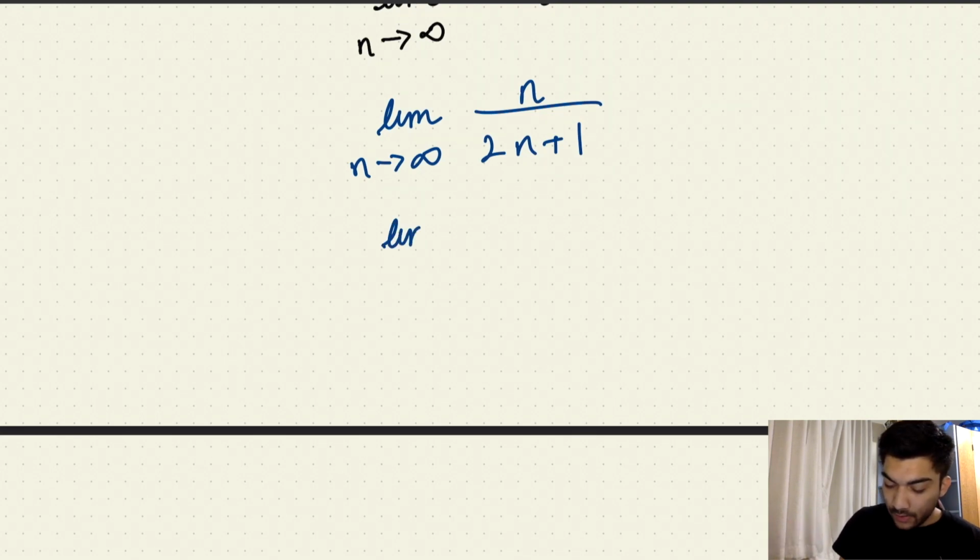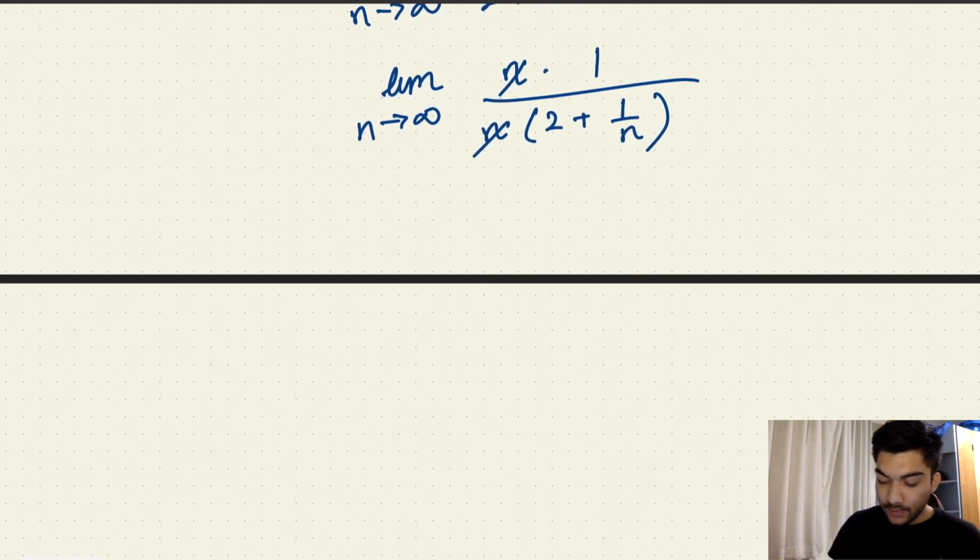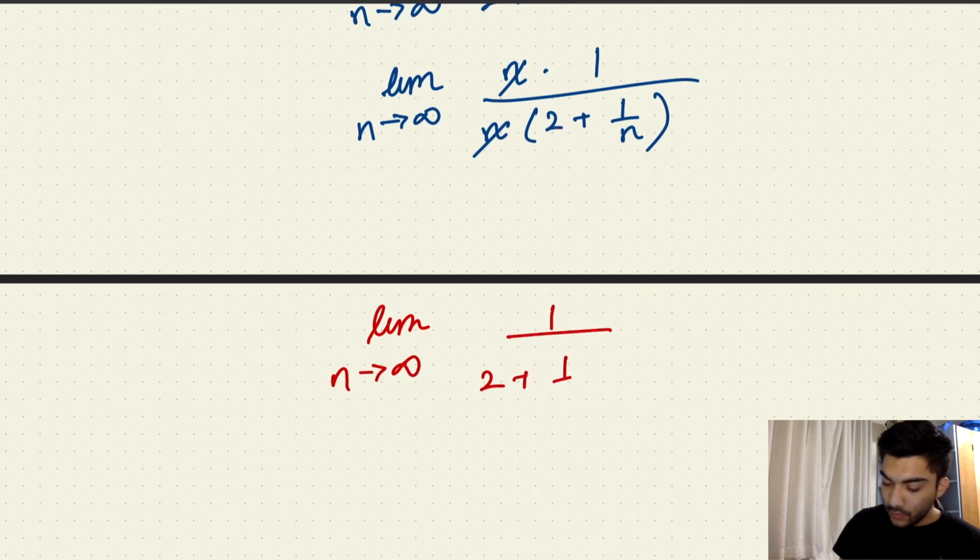And if we do that, it will basically be limit n tending to infinity, n times 1 upon, if we take n common in the denominator, 2 plus 1 by n in this case. And now we can cancel these n's such that we will have only limit n tending to infinity of 1 upon 2 plus 1 by n, right?